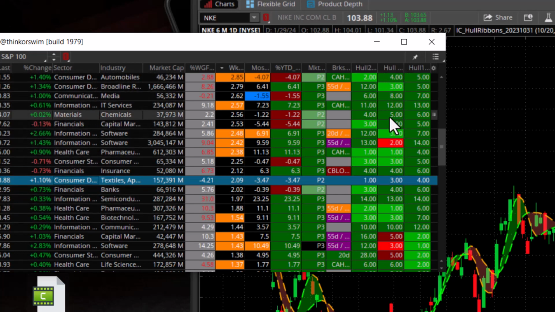And the other thing that's unique about this is the fact that I have 4 shaded areas. I have a dark green, a light green, a light red, and a dark red. The significance of those colors is that in the light green background color, it means that the posture happened within the last 3 days.